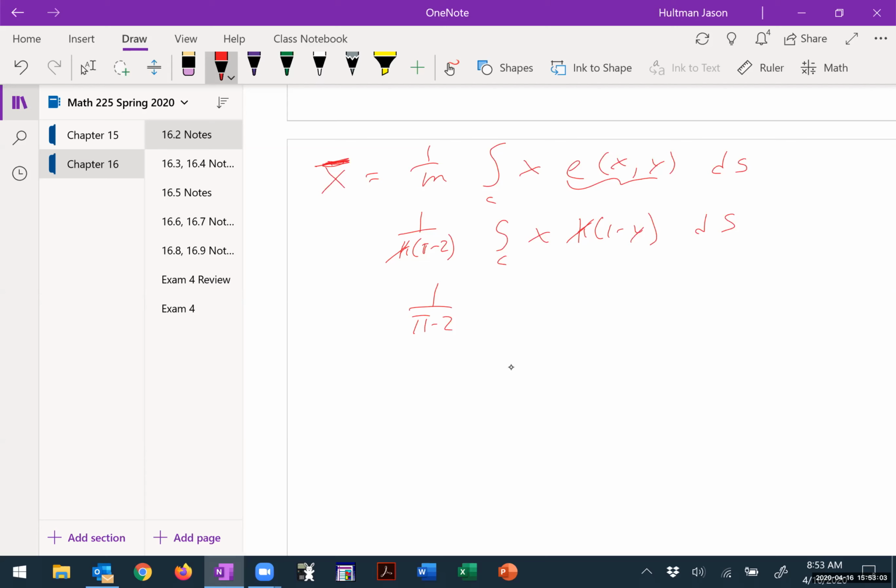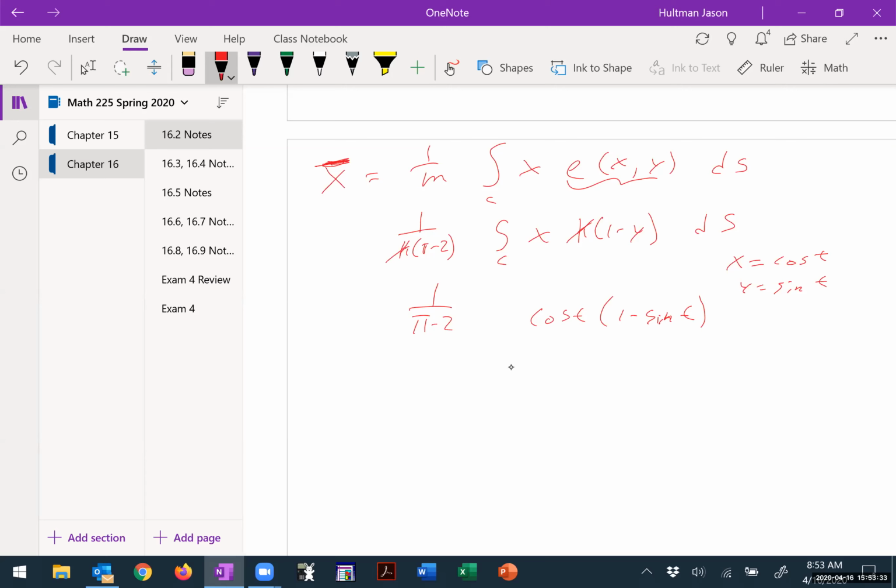Again, when we parameterize, x equals cosine t and y equals sine t. And so this thing parameterizes to x, which is cosine t, times 1 minus sine t, and that's dt.